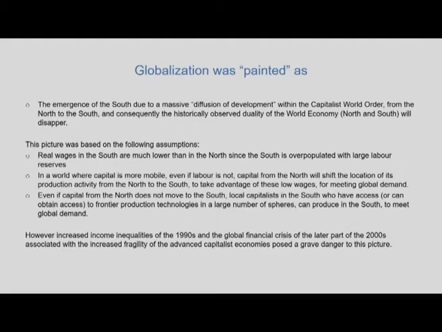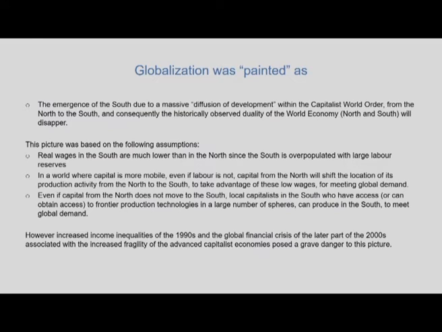And in the words of Professor Prabhat Patnaik, it was trying to bring about a massive diffusion of development within the capitalist world order from the north to the south through this economic integration, through integration of markets, through integration of agricultural and industrial markets, through bringing about more trade in goods and services, such that the historically observed duality of the global north and the global south can disappear. And this was the picture that was being painted by the World Bank prescription of globalization.